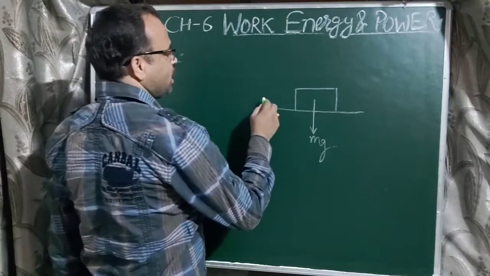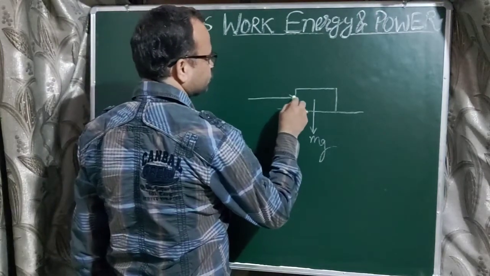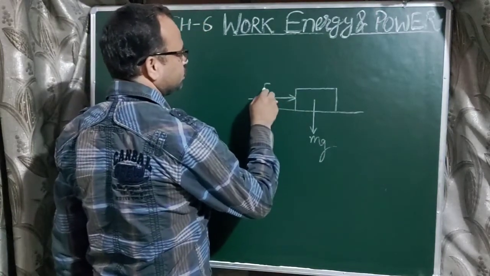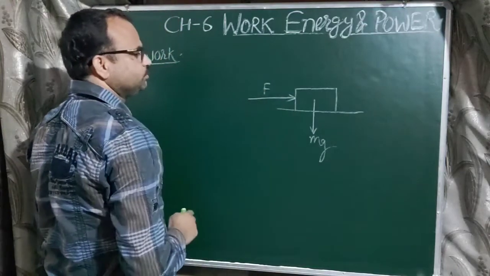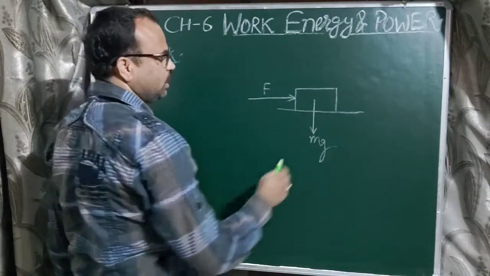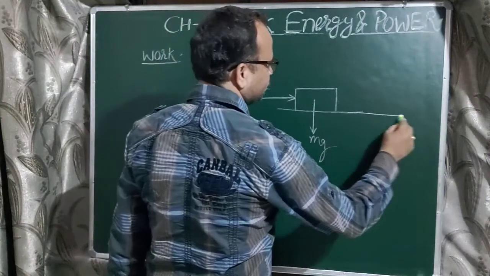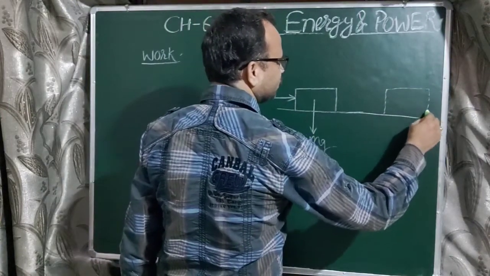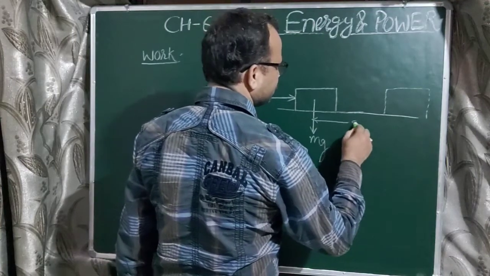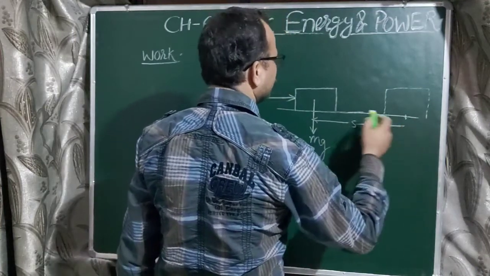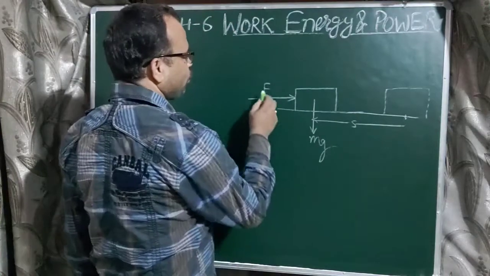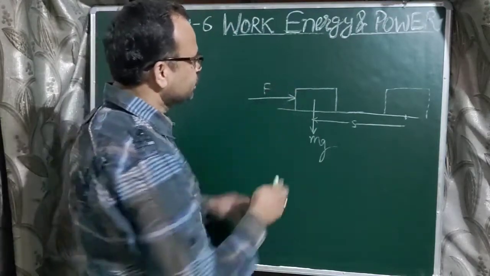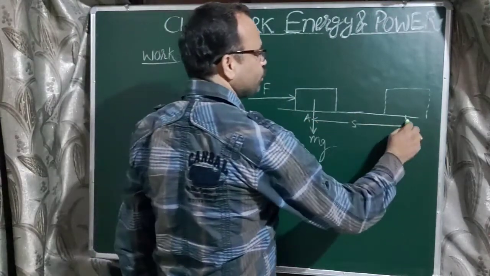We apply a force on the body towards the right side. Then we observe that the body displaces from its own position through a distance S, from position A to position B.